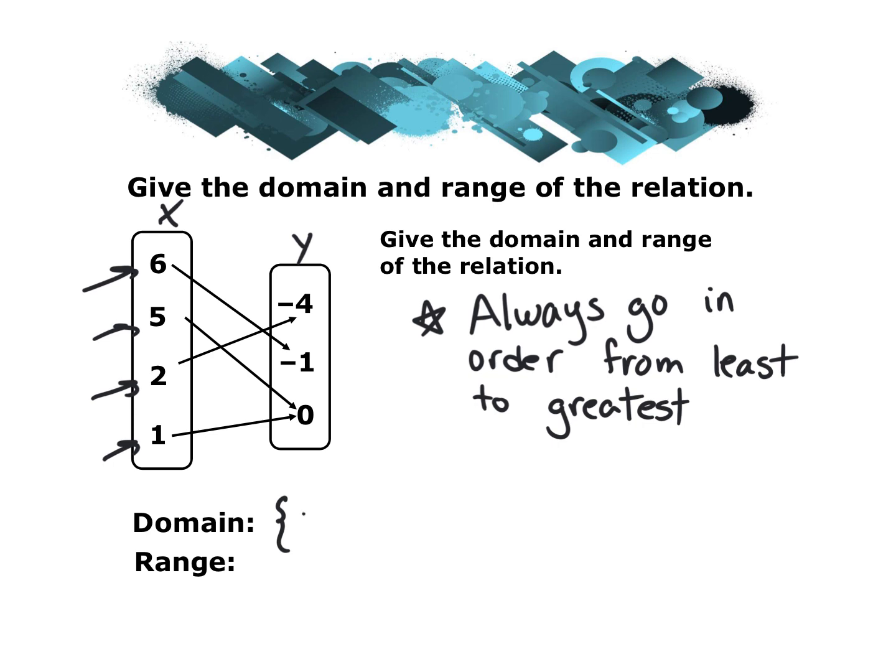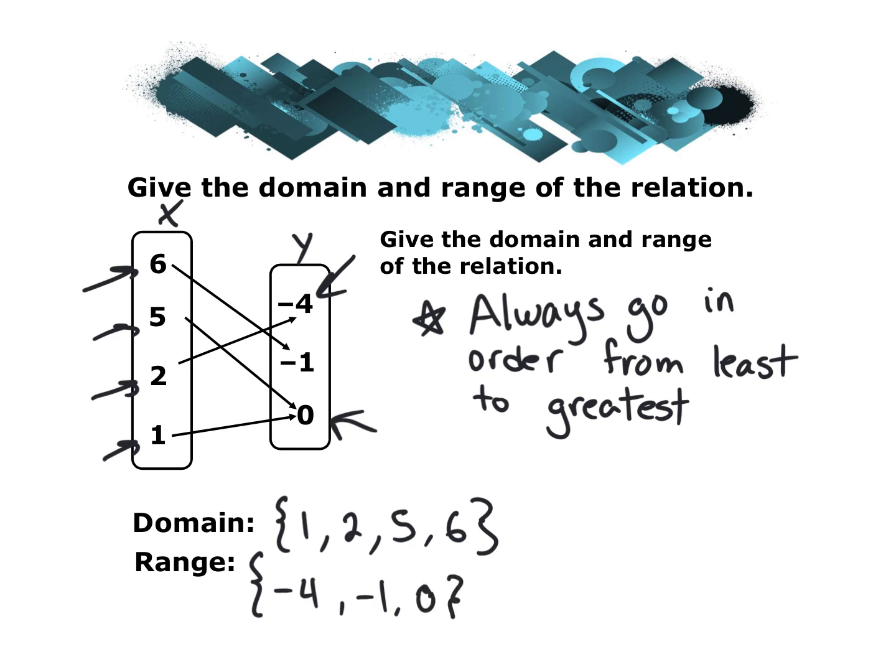So I'm going to write 1, comma 2, comma 5, comma 6, little squiggly. Then for the range, we're going to do the same thing. We're going to start from the most negative, in this case -4, and we're going to end up with 0, which is the least negative. So -4, comma, -1, comma, 0, and we're going to close it with the squiggly.